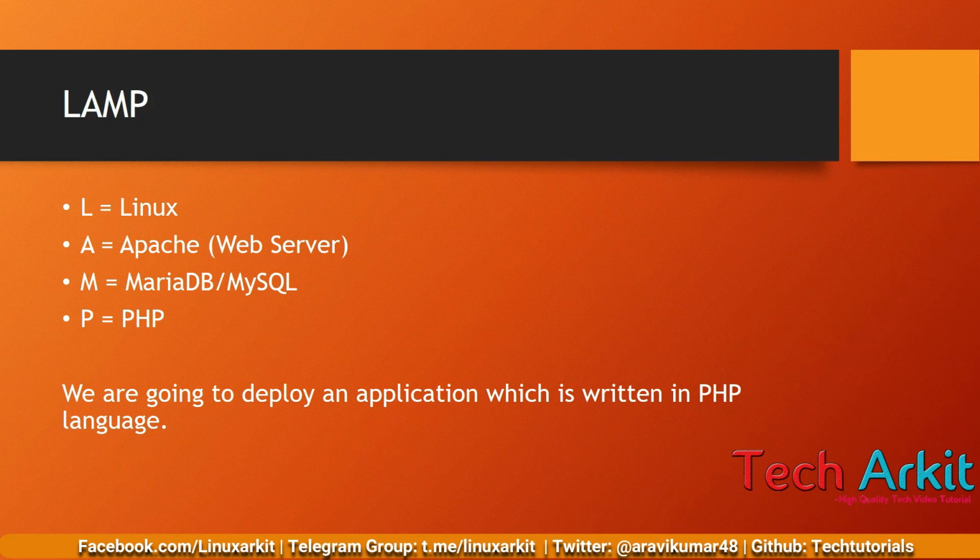MariaDB is a database, and MySQL is also a database, but in older versions like RHEL or CentOS 5 or 6, we have the MySQL database, while from RHEL 7 or CentOS 7 and CentOS 8, MySQL is replaced by MariaDB. And PHP, so we are going to install PHP and deploy an application which is written in PHP.